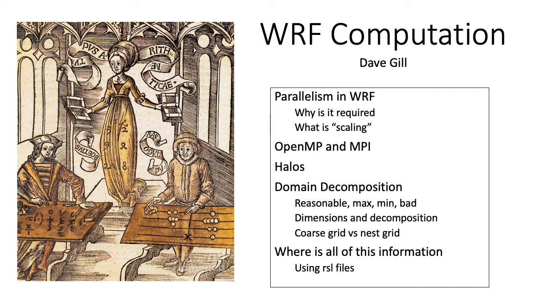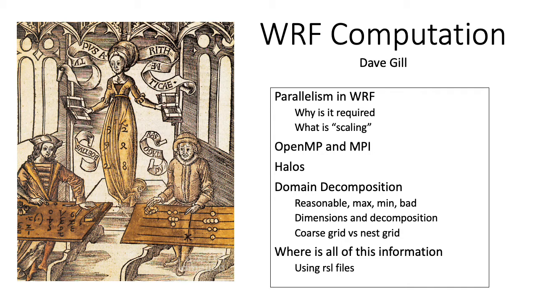For effective use of that communication, we have some halo regions. Those halo regions and those communications end up constructing default domain decompositions. And those resultant domain decompositions, somewhat under the control of a user, can be fairly bad for performance or fairly okay for performance.